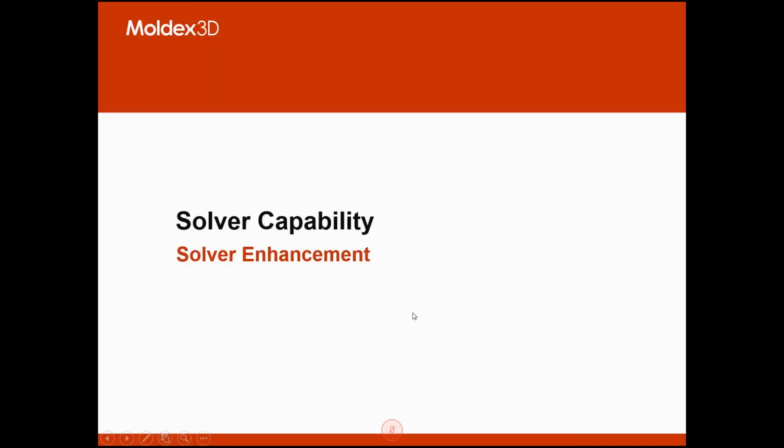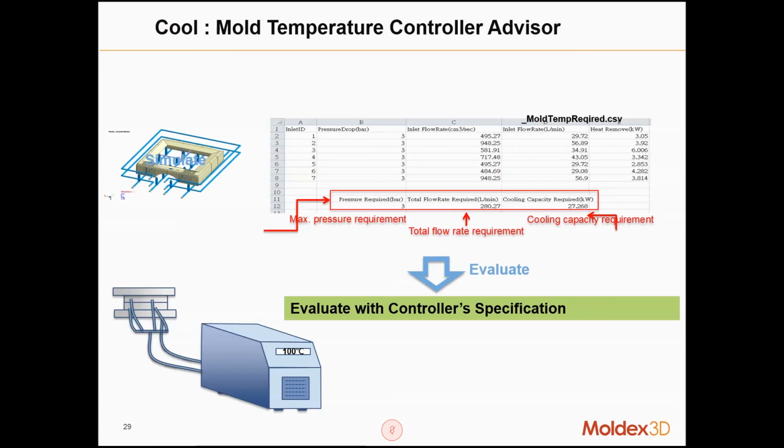And for the solver, we have 4 different improvements. The first one is that we have extra data to help us find out the mold temperature controller. For example, if we run the cooling analysis with a 3D CFD result, it will create a CSV file recording all the data, for example, the pressure drop.